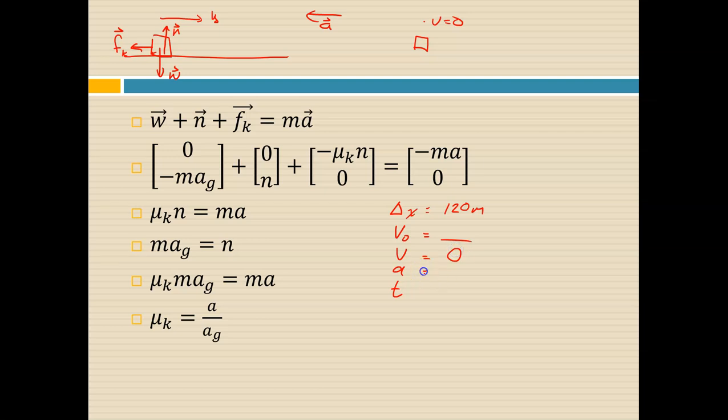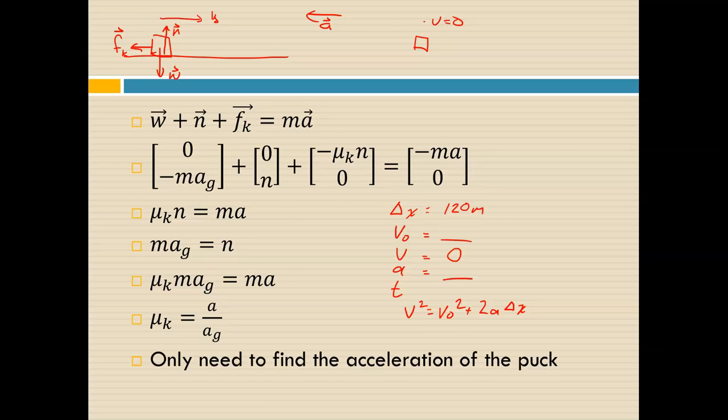So from that, we can find the acceleration by using v squared equals v0 squared plus 2a delta x. And we end up using the negative root to find the acceleration because the acceleration is pointing in the negative direction. With that, we find the acceleration of the puck, and that will solve the problem.